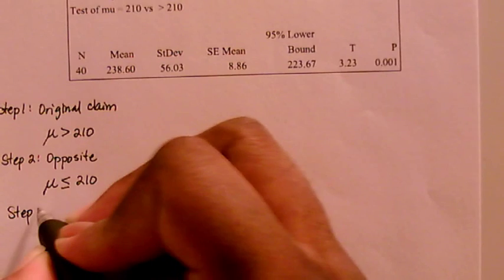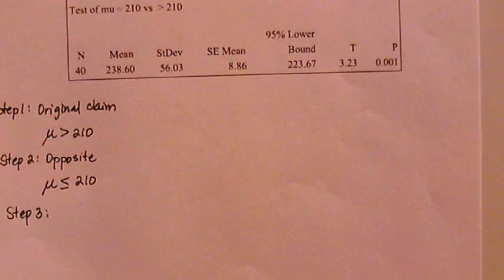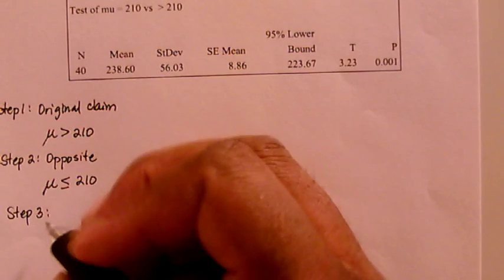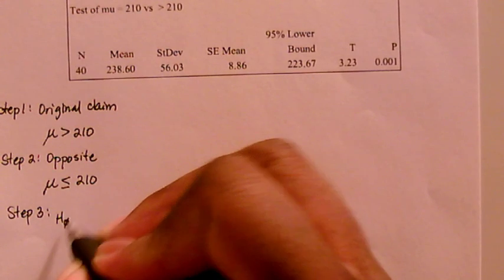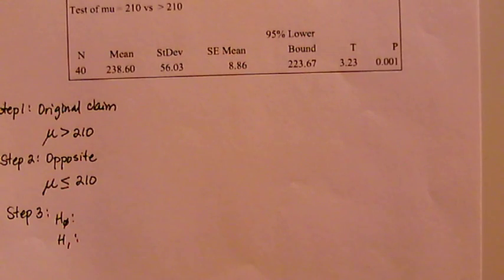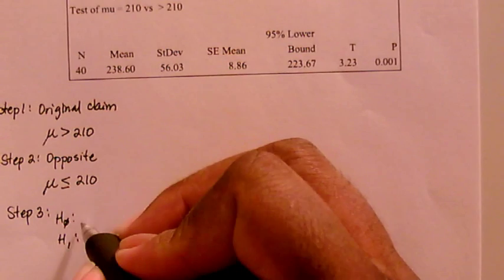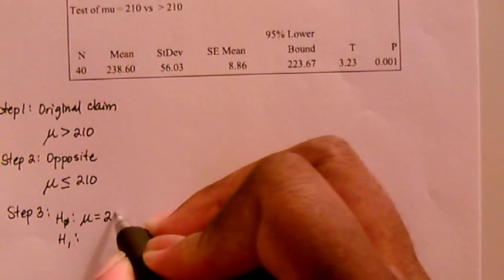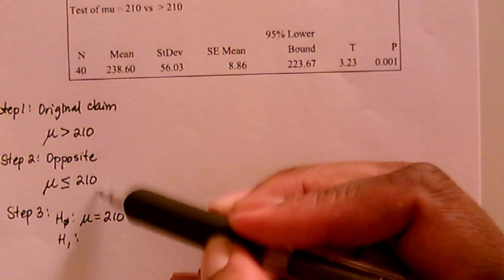From steps 1 and 2, step number 3 is writing our null and alternative hypothesis. Now the null always has an equal sign in it, so it has to be mu is equal to 210, and one of these will be the alternative.